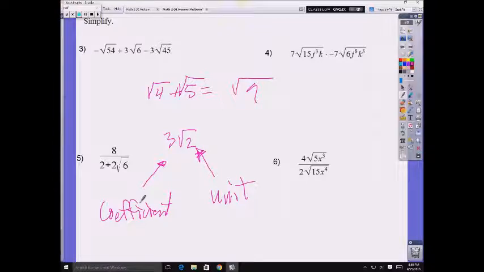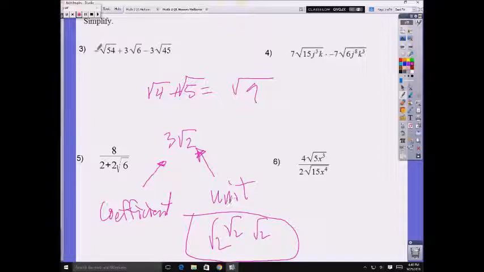So coefficient tells you how many you have. If you have 3 of these square roots of 2, that looks like this: square root of 2, square root of 2, square root of 2. You can only combine like units. You can only add square roots of 2 to other square roots of 2.